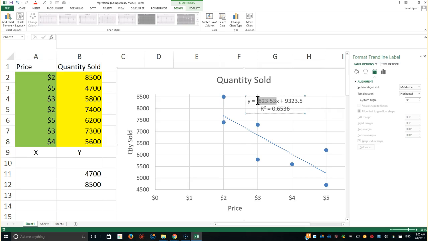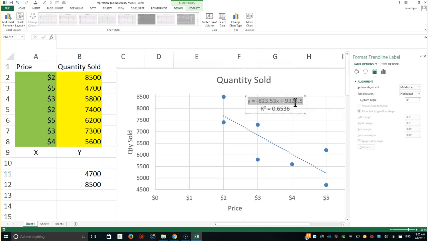Slope, you know, is the rise over the run, meaning the changes in Y over the changes in X. And this is the intercept, where the line hits the Y axis. If this line continued to go all the way up, it would hit at 9,323.5. So we now understand this equation is going to help us predict other values.